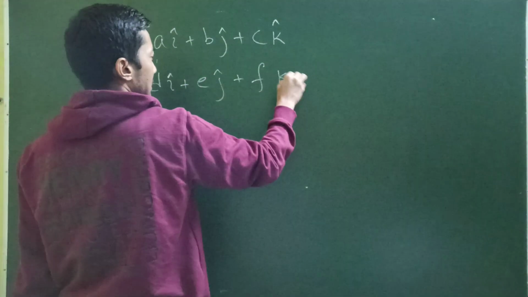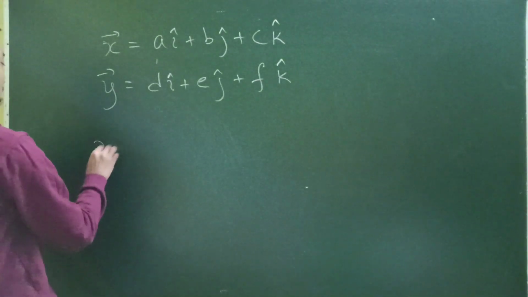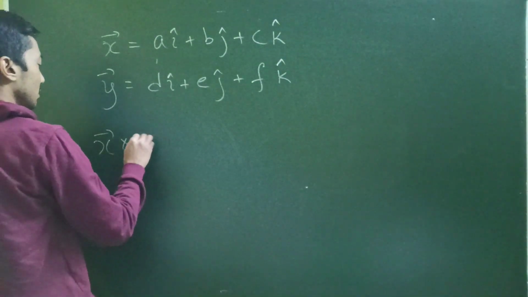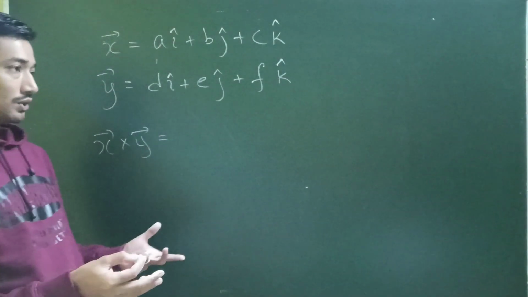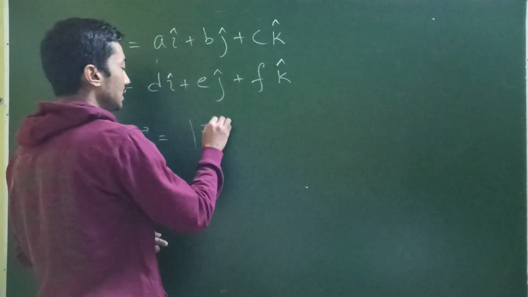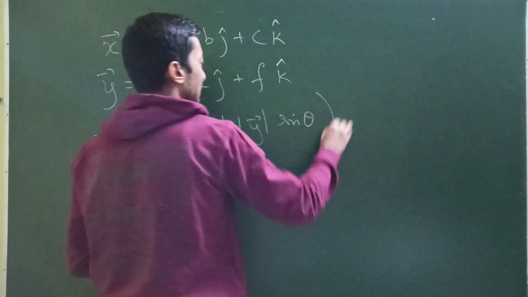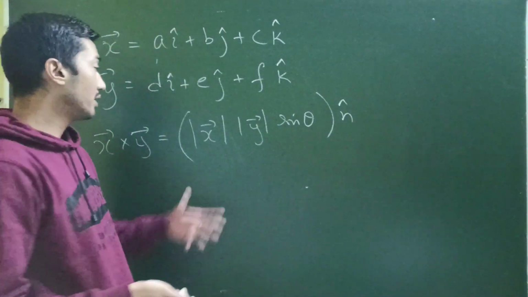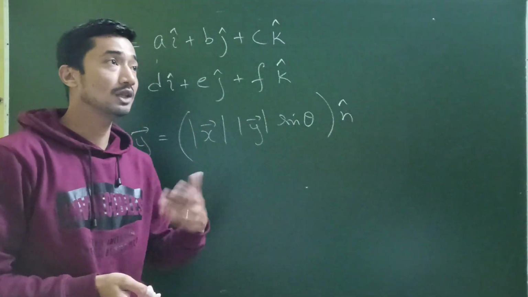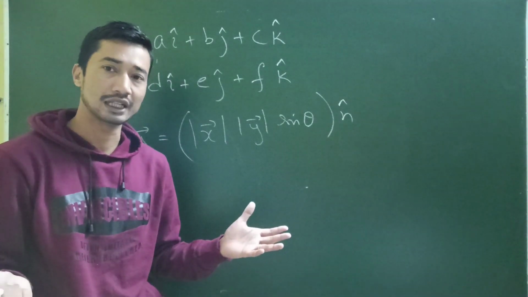Let's just use these letters instead of using a1, a2 and so on. Now, if the question is to find the cross product of x cross y, as per the formula that's going to be magnitude of x, magnitude of y, sine theta, n cap. Now the problem here is, where is theta? If theta is not given, then what shall we do? Of course there are ways to derive that, definitely, but it's going to be a bit lengthy.